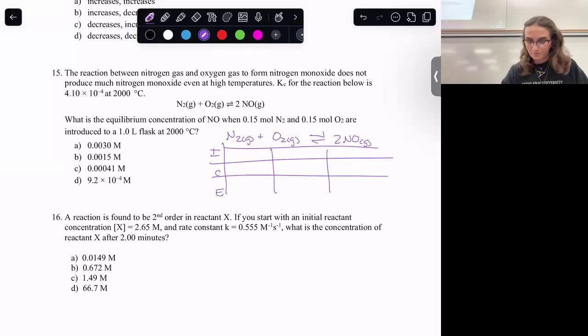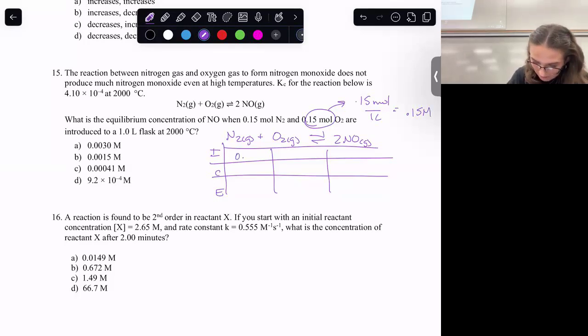Yep. So we do technically need to make this into concentration, but we're just in 1 liter, so it does just stay as 0.15. But this is 0.15 for both of them. Do we have any initial NO? Nope. Which way does our reaction go? Towards products.